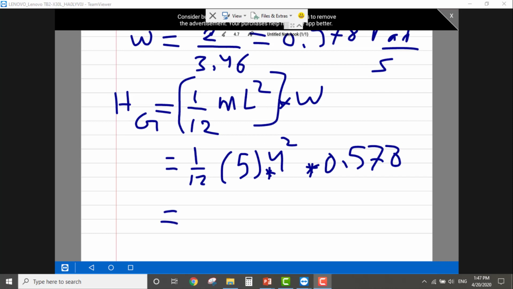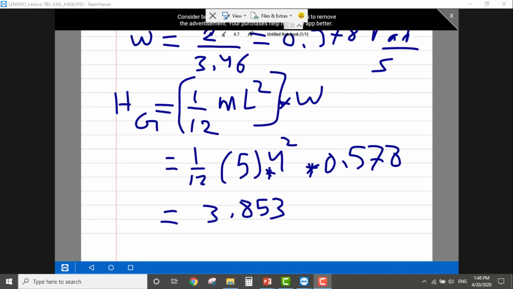So if I use my calculator again, 0.578 multiplied by 5 multiplied by 16. This is 3.853, and the unit for Hg is, what do you think?